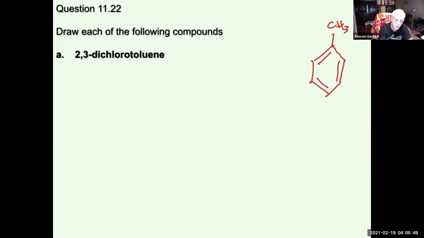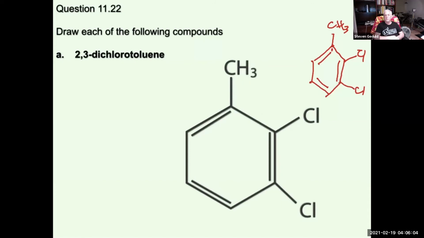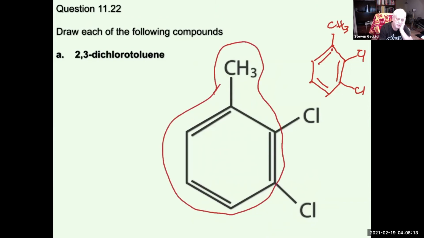Again, this is a specialty group, so this is always number 1. So this is 2, and this is 3. And each one is a chlorine. 2,3-dichlorotoluene. This is toluene right here, and you have 2 attachments to it. They're at number 2 and number 3, and they're both chlorines. So, 2,3-dichlorotoluene.